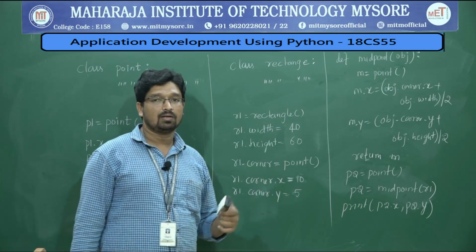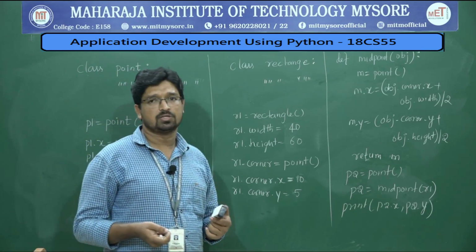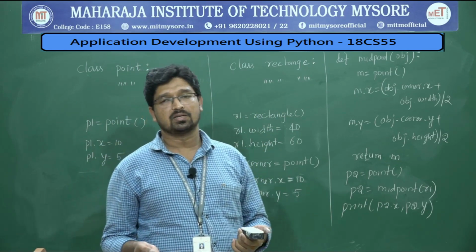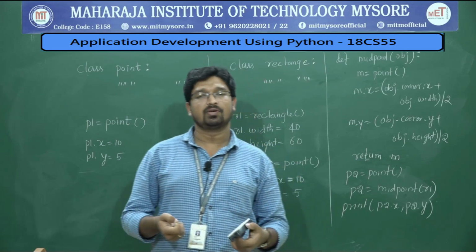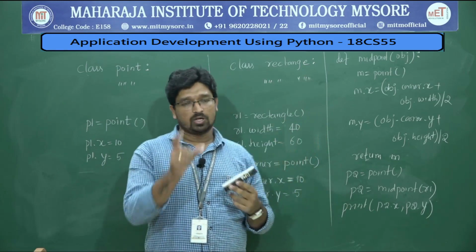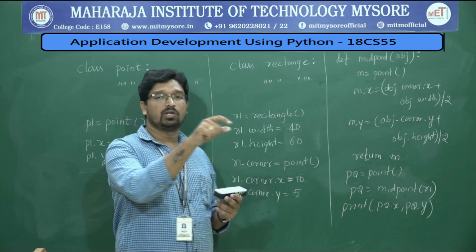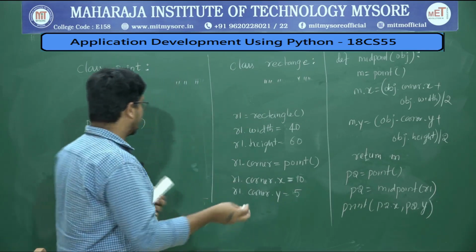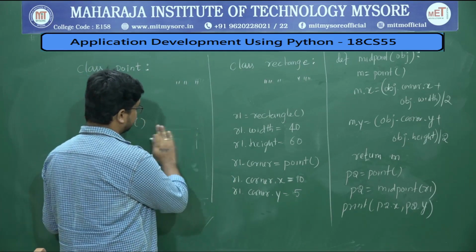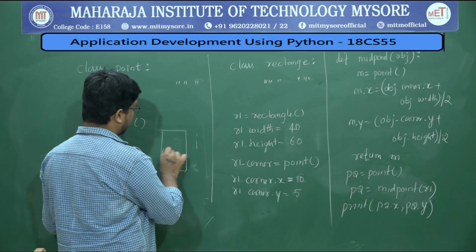Let me consider one more example to explain this. So we have a rectangle, and I need to increase the rectangle as I wish. Whenever I call some function called grow rectangle, to increase the width of the rectangle, I pass parameters like the object and how much value to be increased, like width values as well as height values. Let me consider the same rectangle. Assume that this is 40, this is 60.